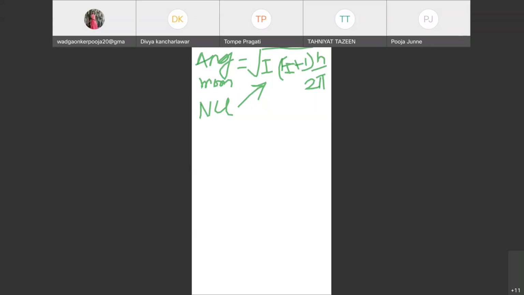for an electron, s is equal to plus or minus half.